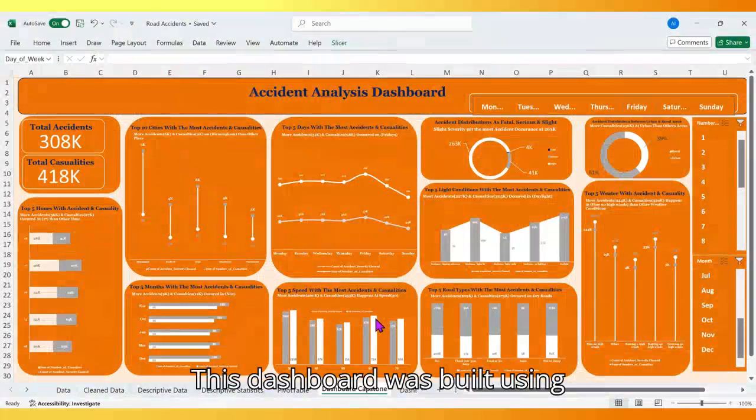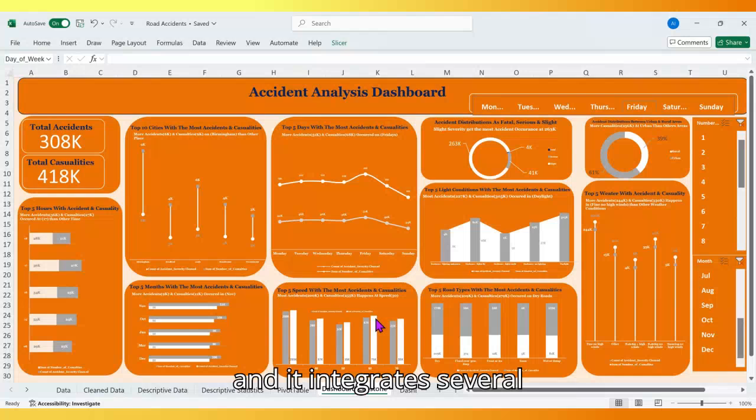This dashboard was built using Microsoft Excel, and it integrates several interactive components such as slicers and pivot charts. It allows users to explore accidents by time, location, severity, weather conditions, and other contributing factors.